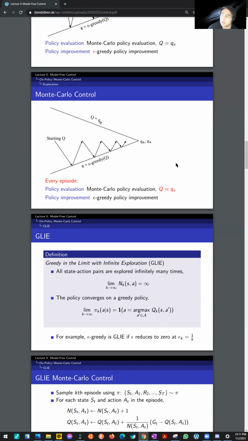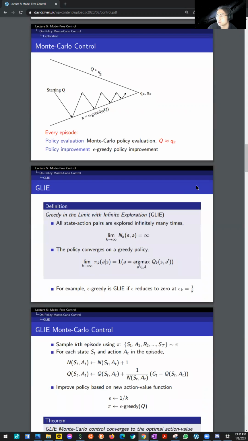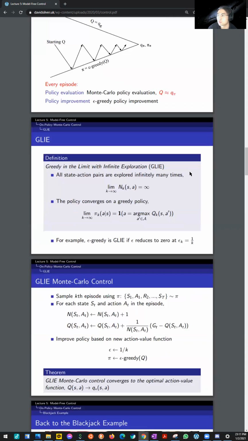So in this case, we introduce a concept called greedy in the limit with infinite exploration. The formal details are here, but the main idea is that as the time step advances, we decrease the epsilon value, which, to emphasize, you can think of as the rate of exploration. So as time advances, we decrease the rate of exploration.